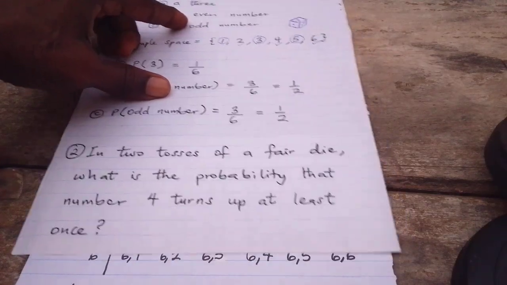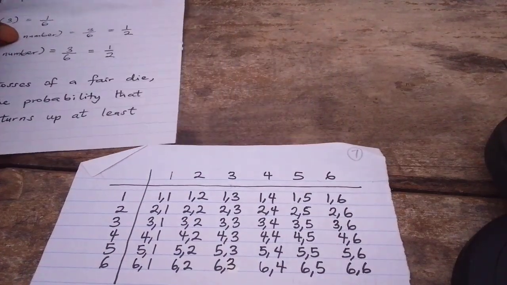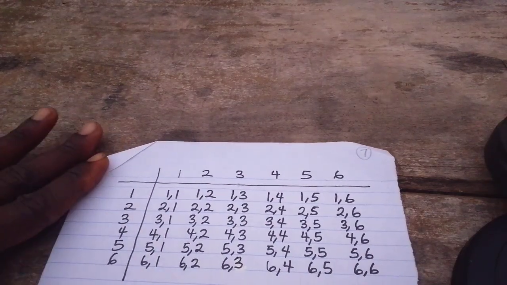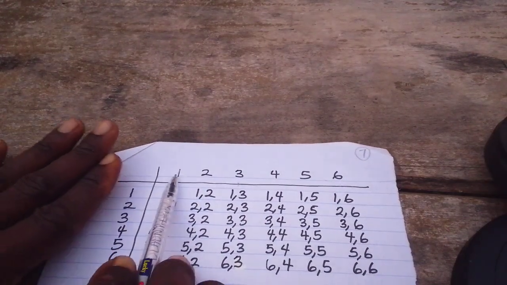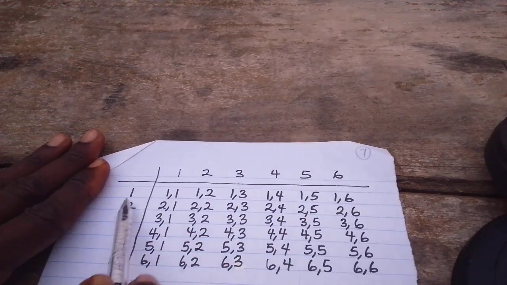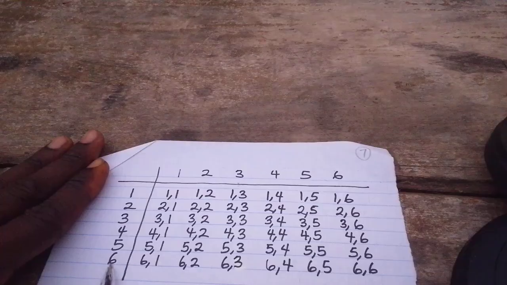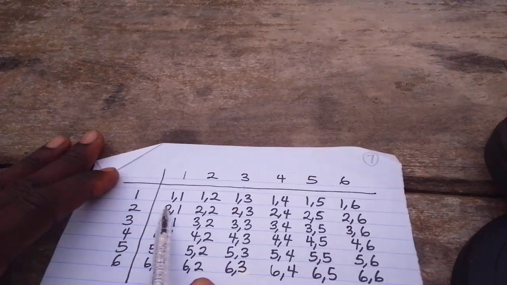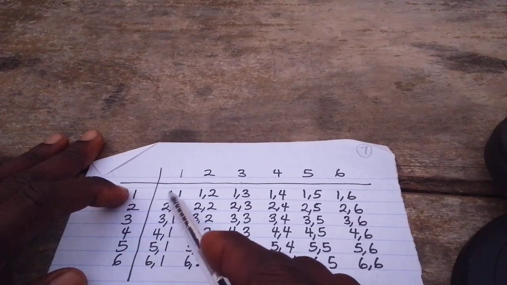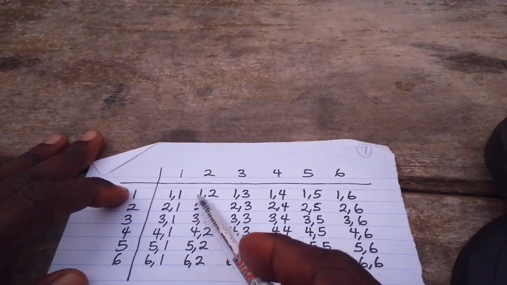So now, for you to be able to get that, let's look at the outcomes you can get from tossing 2 dice. Assuming this is the outcome of the first die and this happens to be the outcome of the second die. If you combine it, you get 1-1 or 1-2.